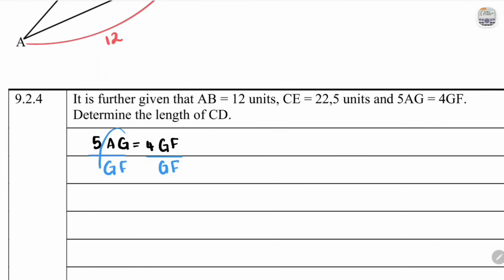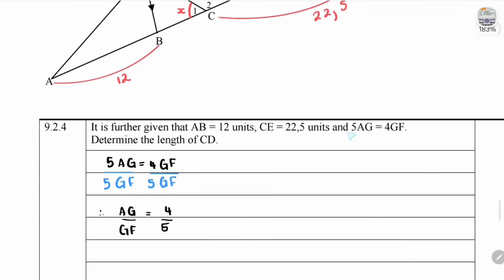And then because we're going to have AG over GF, we don't want to have this 5 here. So we can get rid of the 5 by dividing both hand sides by 5 as well. So when we do this, then it means that AG over GF is simply equal to 4 over 5. Okay, so that's what we get from that.